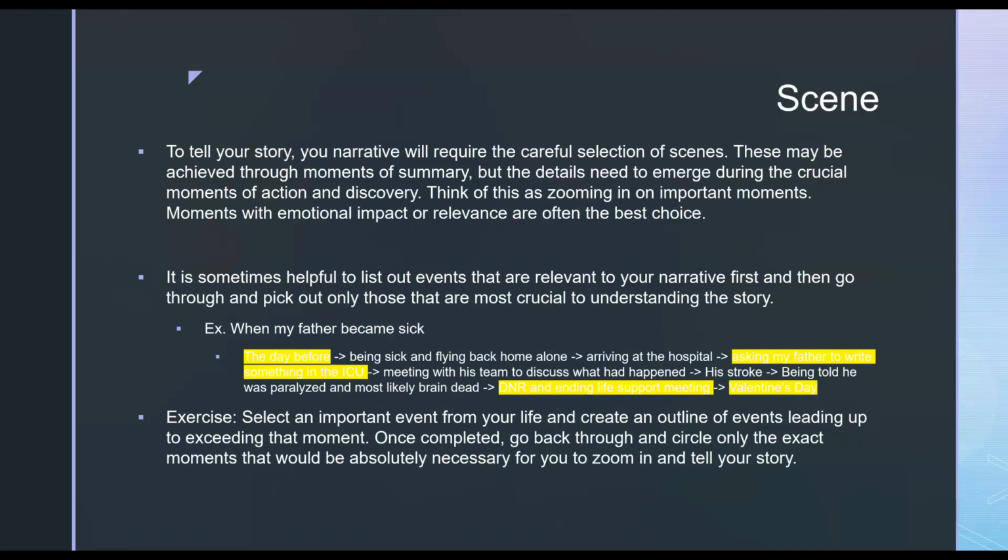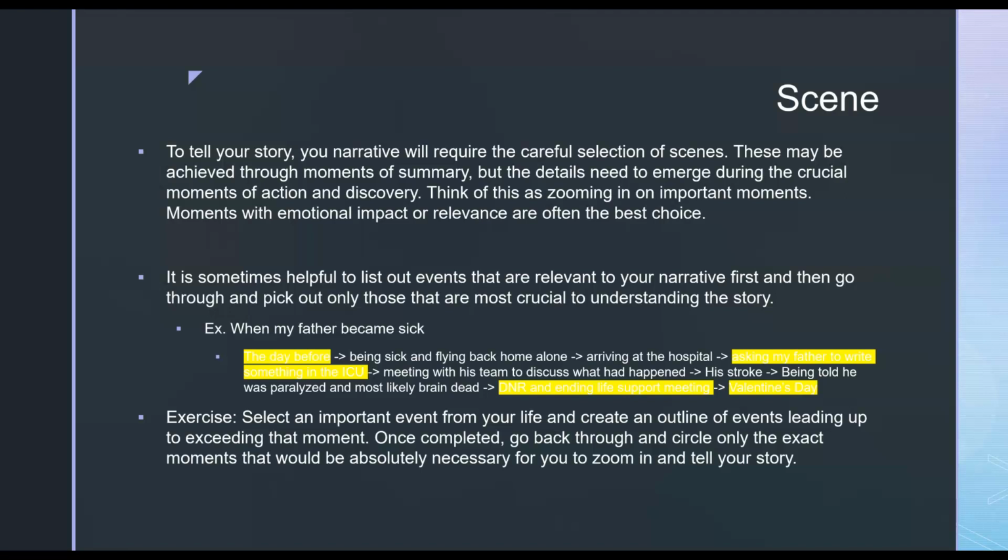The next thing I want to look at is understanding the difference between scene and showing. So that's kind of what we talked about. But when you're piecing together a narrative, let's say you're telling the story of when you broke your ankle playing volleyball and how that changed your life.